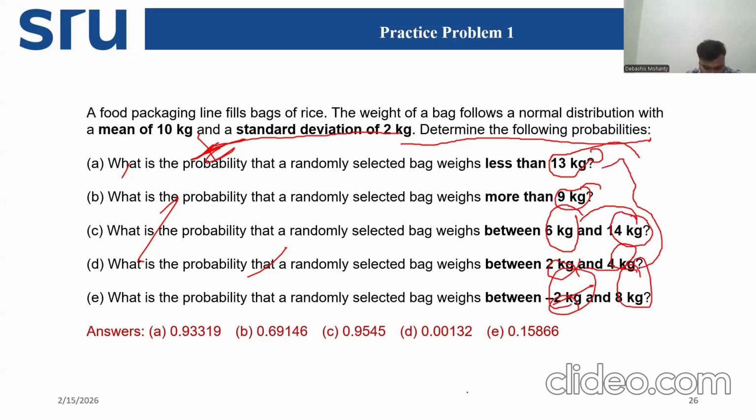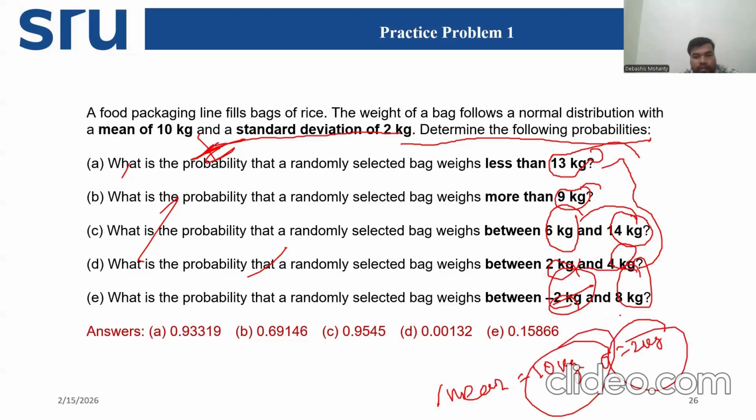So here, try to understand the question. The mean is 10 kg and the standard deviation sigma is 2 kg. So we apply the formula for calculating the z score, that is x minus mu divided by sigma.